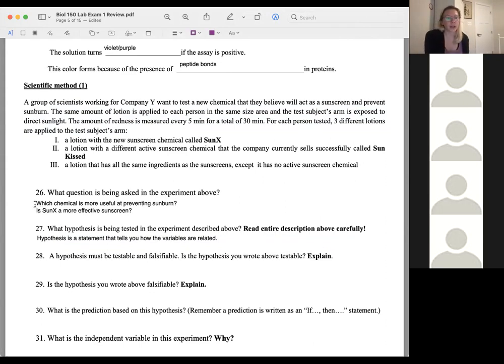All right, and okay, so I see this one is asking for the hypothesis being tested. So remember that a hypothesis is a statement, not a question. And it's a statement that tells you how the variables in your experiment are related. So keeping that in mind, what kind of hypothesis is being tested here?